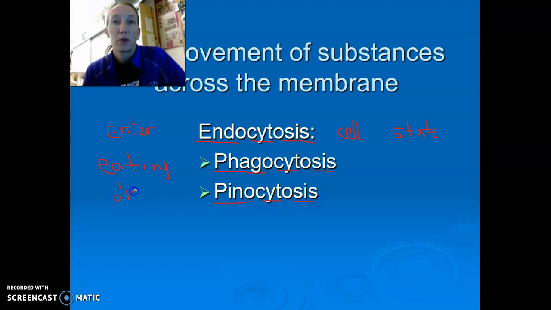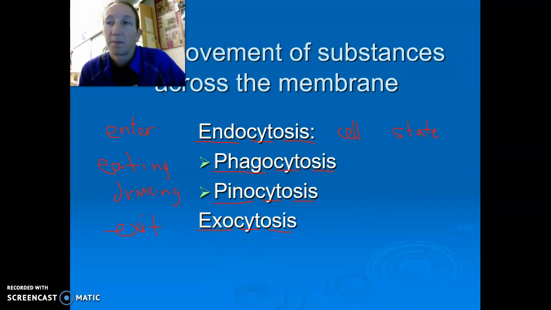So this is bringing in fluids, whether it's water molecules or any other types of fluids. Regardless, it's bringing in big bulk of fluids, and that would be pinocytosis. And then exocytosis is exactly what you're probably thinking, exit. So the cell is in a state of exiting. So now it's kicking it out of the cell.